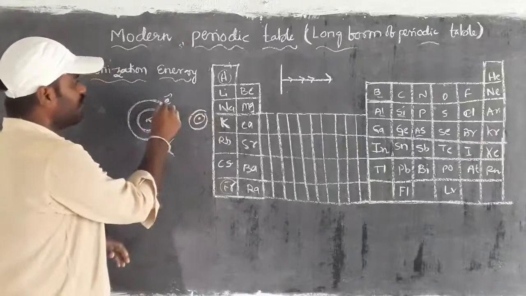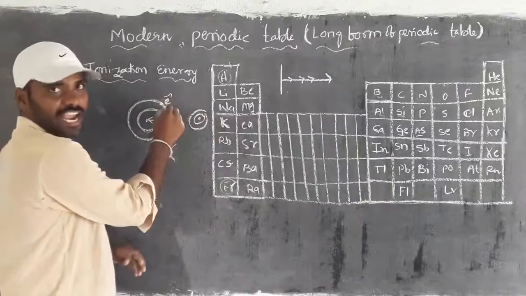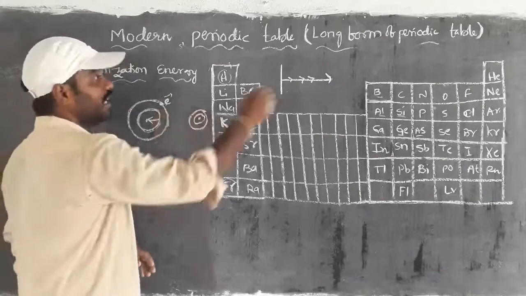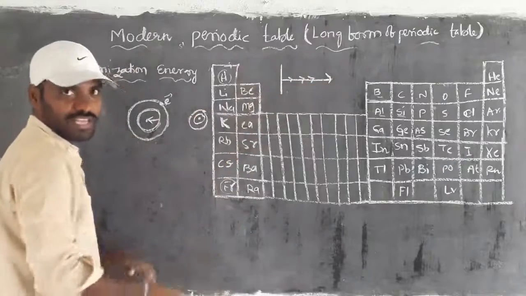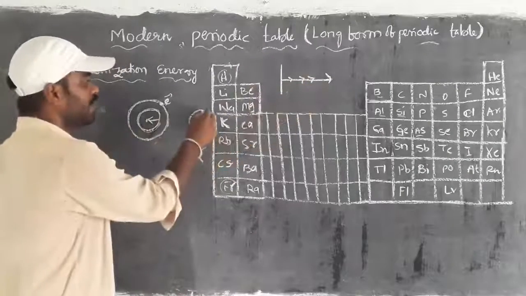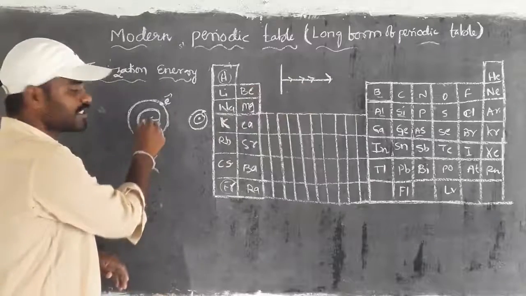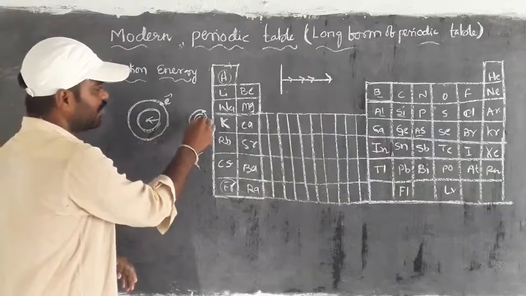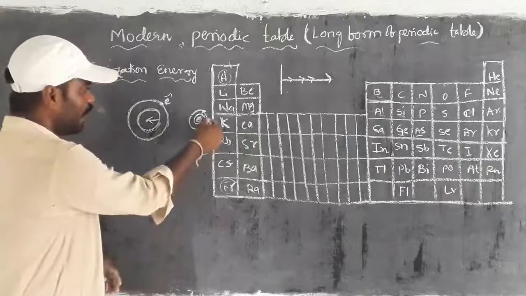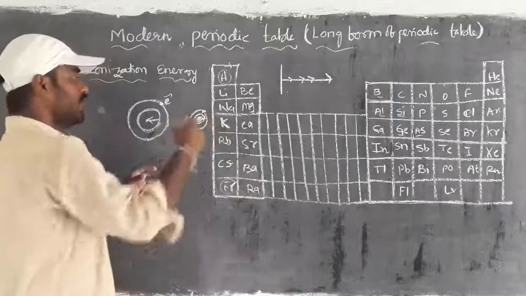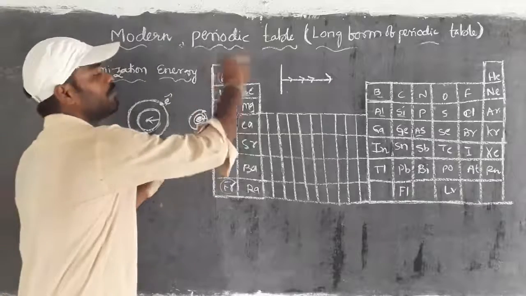For that, here we require less energy, but on the right side, for the atom in the same period, it requires more energy, because here the nucleus attraction is more. Here we have more attraction force, so we have to give more energy to remove.